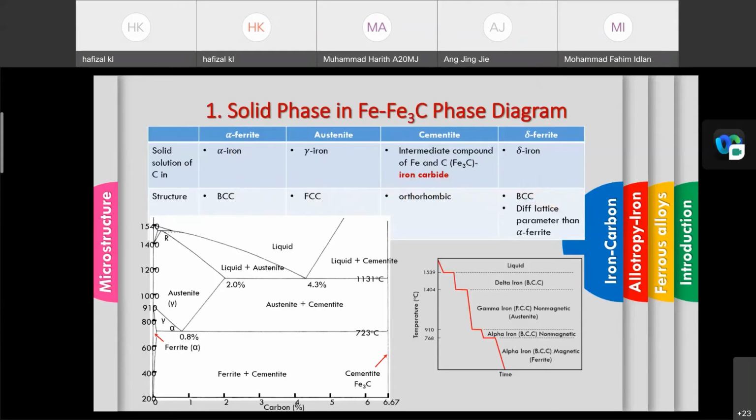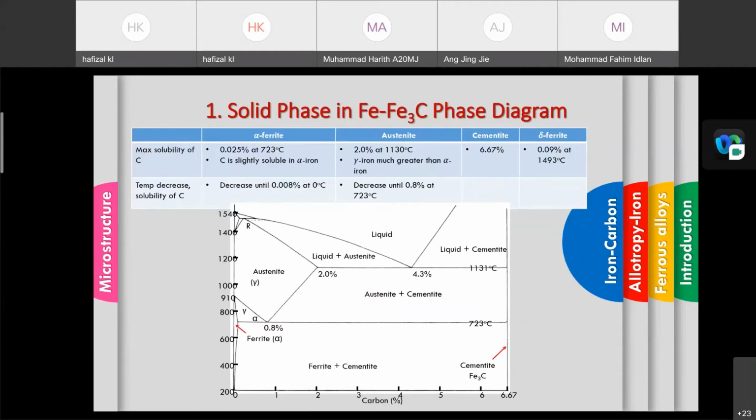Okay, so during the solidification, previously we see the region of the alpha ferrite, gamma ferrite, and also delta ferrite here. And for the terms that we use, austenite and cementite are at this phase diagram something like this in this area.